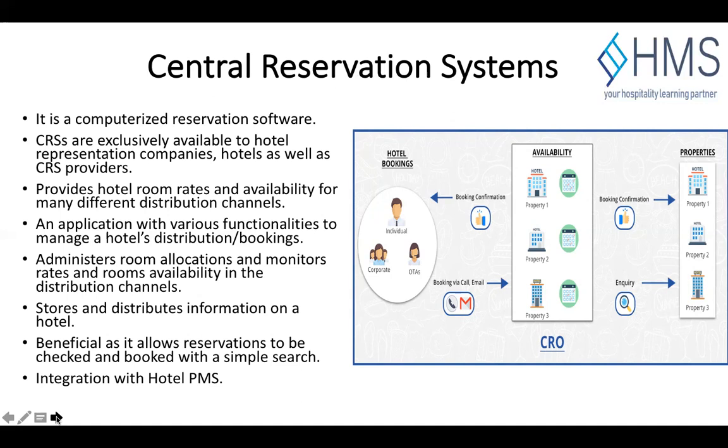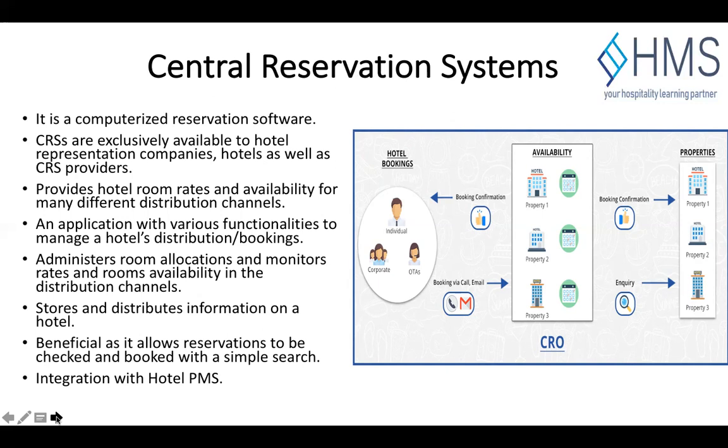So they make a booking via calls or emails, hotel bookings, and in this case, the OTA or corporate would make a booking via call or email, say in property one. Now the availability is at the centralization, the central reservations office.